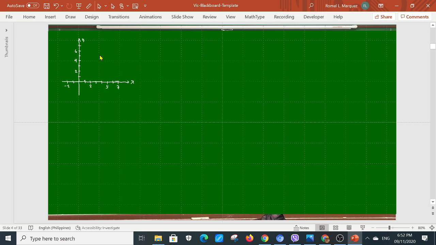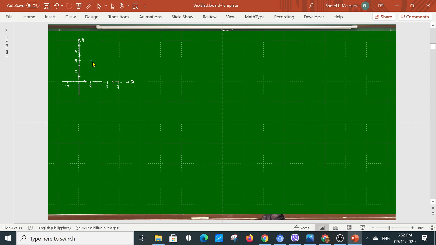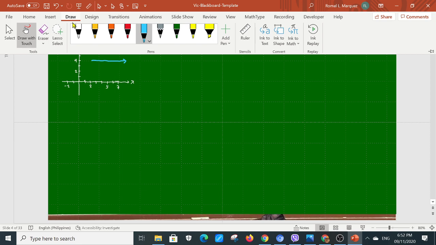So now, let's start to draw the graph. Horizontal line. So when x is greater than 2, meaning we don't include what? We don't include the endpoint. So this is the horizontal line when x is greater than 2. So I am going to have a hole here.